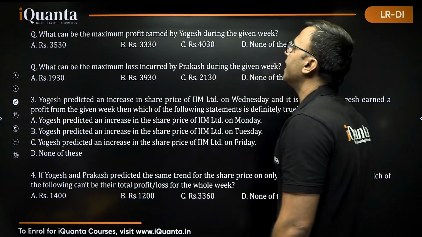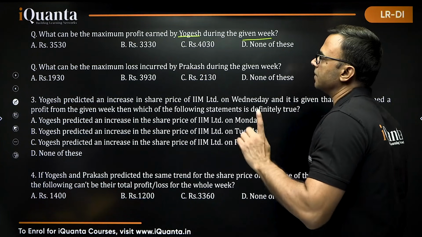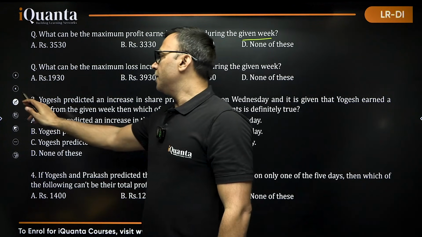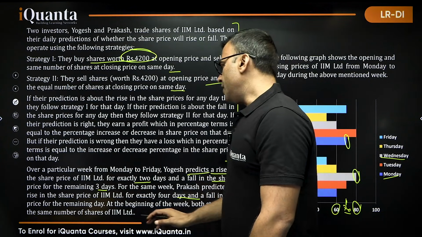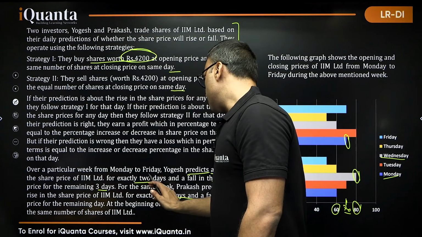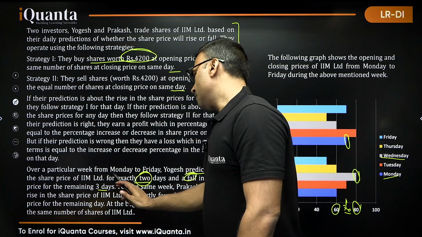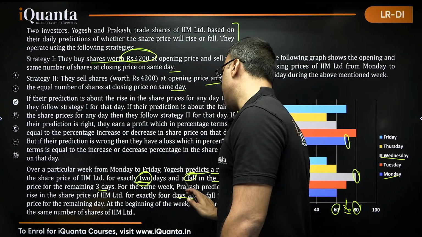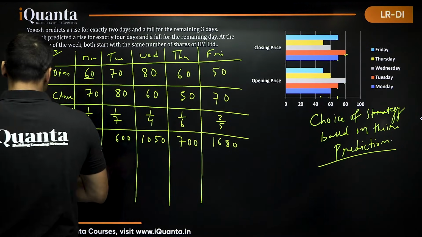First question: what can be the maximum profit earned by Yogesh during the given week? Remember, Yogesh had predicted 2 rise and 3 fall. You see, in reality, what has happened?